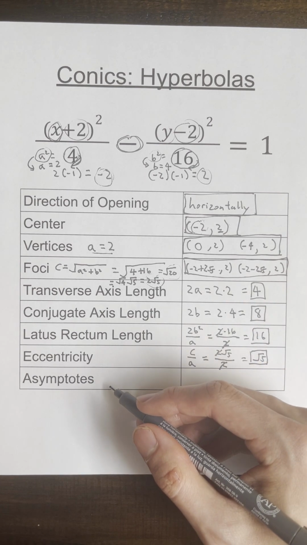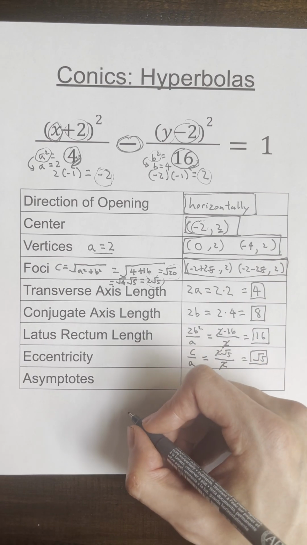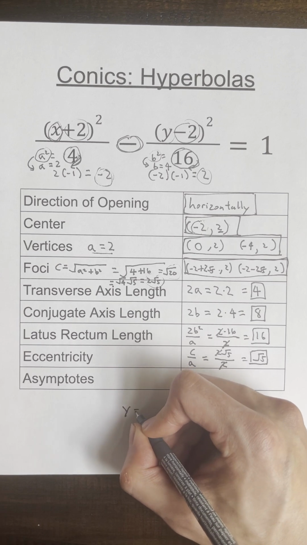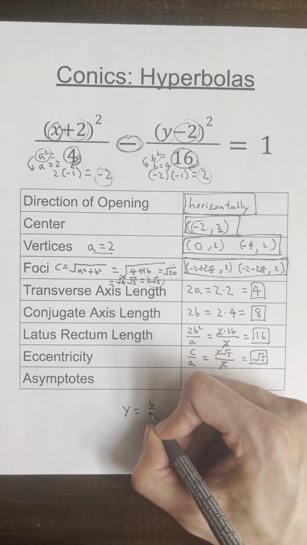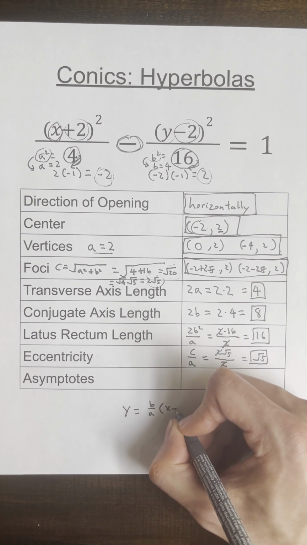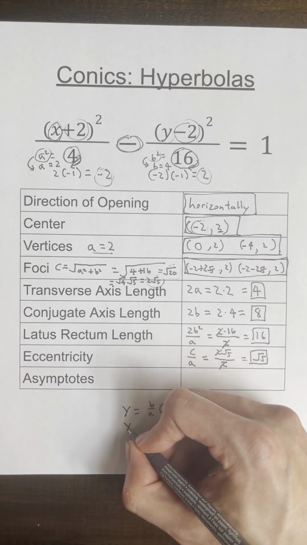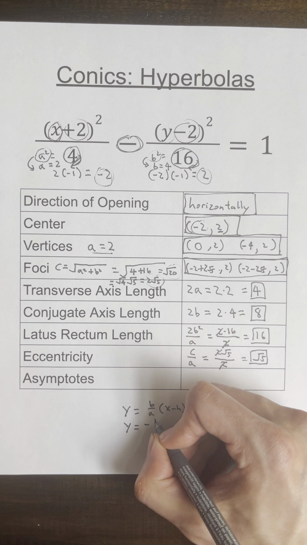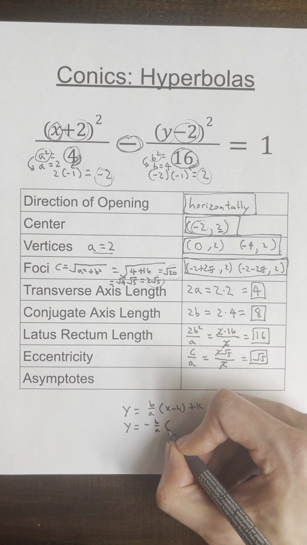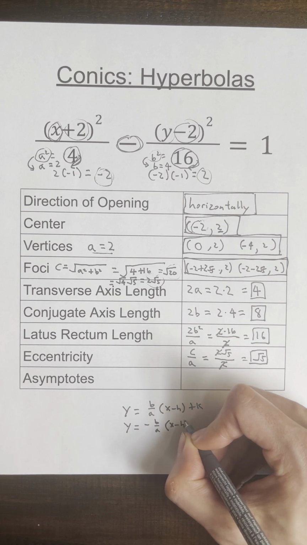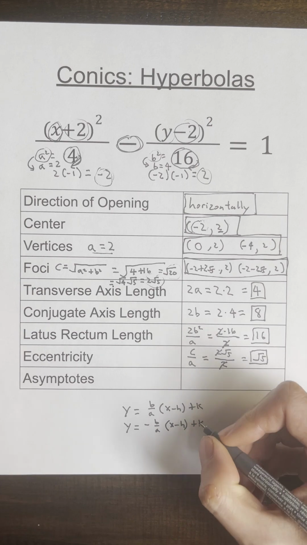To find the asymptotes, use the formula y equals b over a times x minus h plus k, and the other asymptote is y equals negative b over a times x minus h plus k.